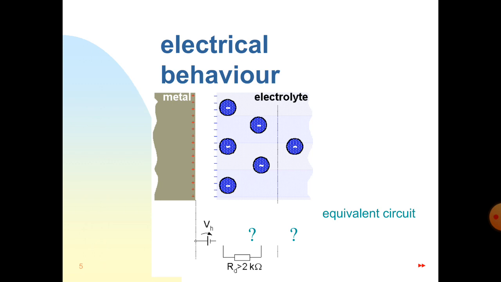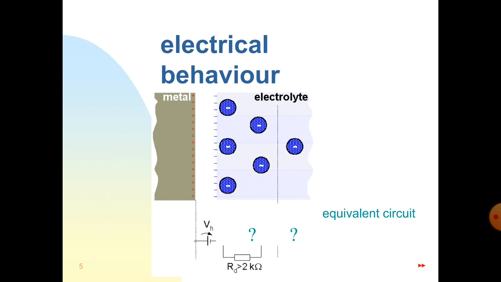So this figure shows the electrical behavior of the electrolyte. Here, metal consists of both positive ions and negative ions. Electrolyte is a medium, right?